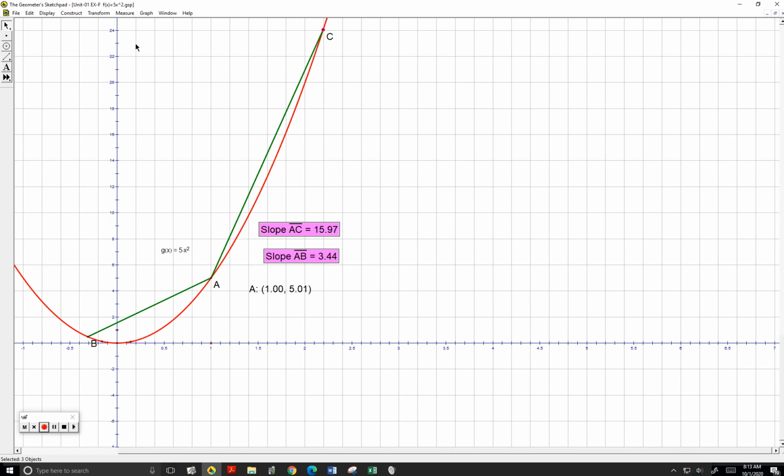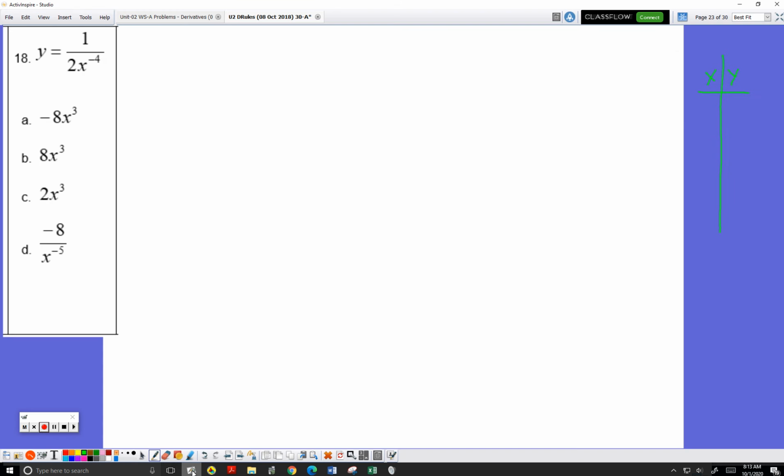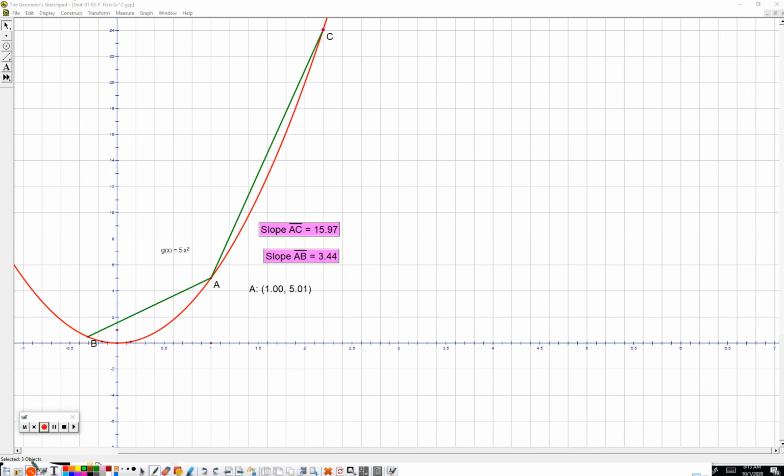Pretend that we are looking at the graph y equals 1 over 2x to the negative 4. Is that right? Yeah. Thank you.